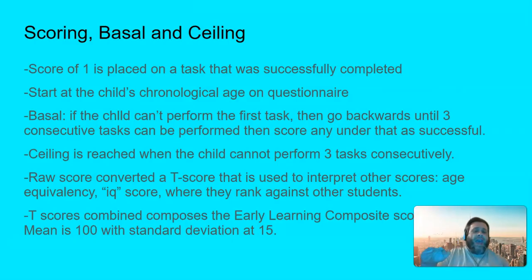If they have less than that, then you have to go backwards until they get three consecutive right, and score all the previous questions as part of the score, and the rest you go until what you call the ceiling, when they get three consecutive answers wrong. Each item is a question where you score basically one or zero: one if they can perform the little task that they ask, and zero if they can't.